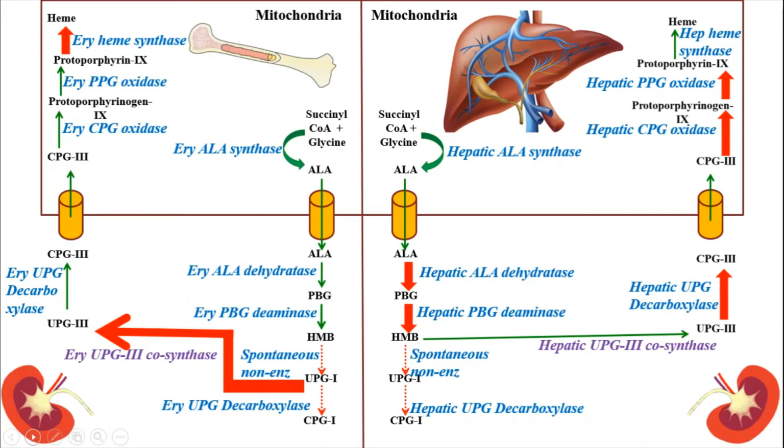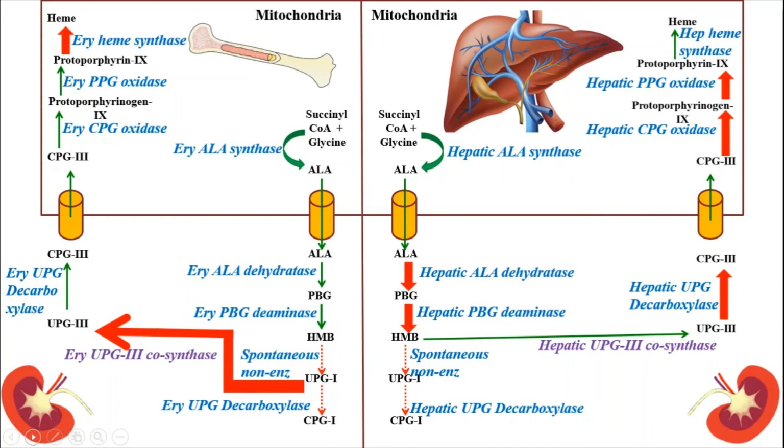Here the documented disease is erythropoietic protoporphyria, in which the erythropoietic variety of heme synthase or ferrochelatase is either defective or deficient, resulting in accumulation of protoporphyrin 9 within the bone marrow. They come to systemic circulation, create clinical manifestation due to overaccumulation, and finally are excreted in urine.